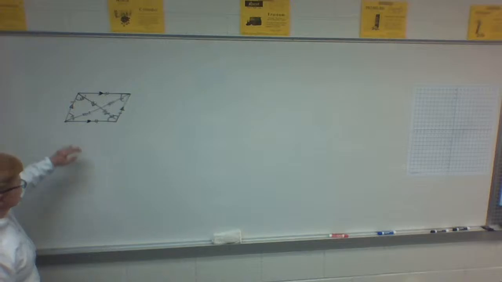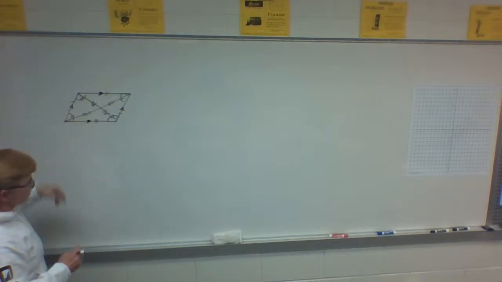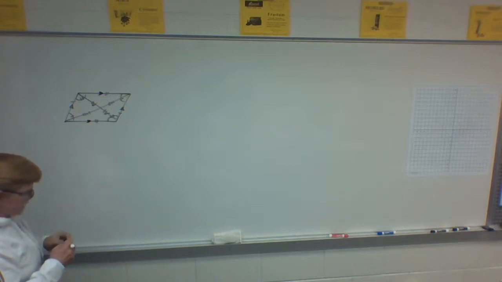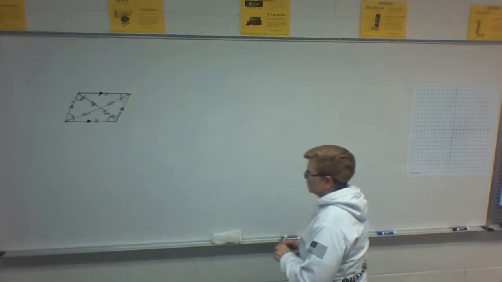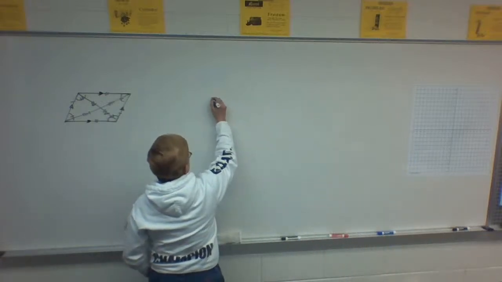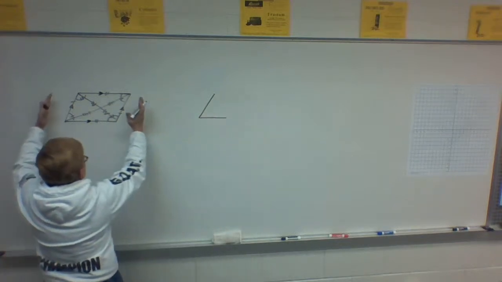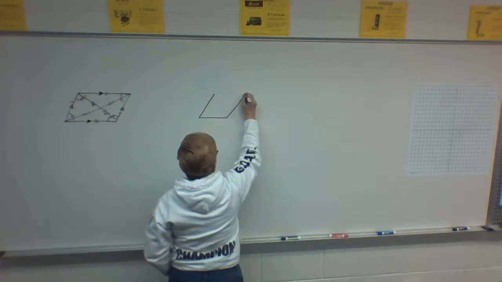It has several properties. Equal opposite sides, parallel opposite sides, bisected diagonals, opposite angles are equal, consecutive angles are supplementary. All of those are true if you have a parallelogram. But if I take that parallelogram and shorten it up, so that it's still leaning over like this, but I've squeezed it in like this, and the sides are now the same length.